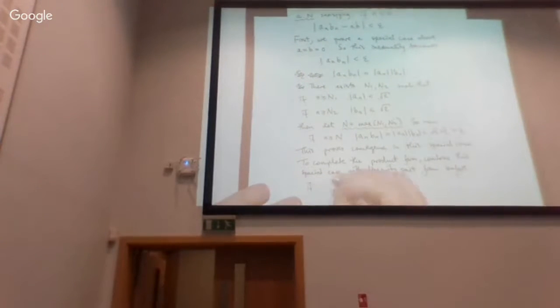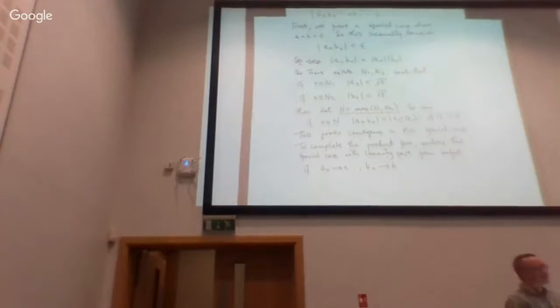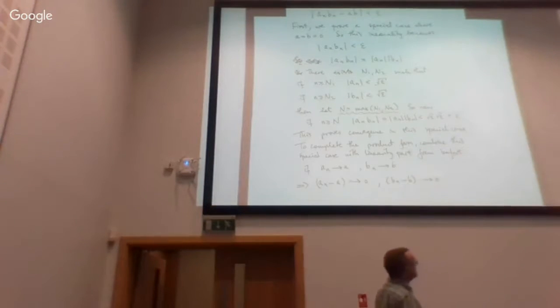So if an converges to a, and bn converges to b, so I'm not insisting that a and b are 0 now, but this implies that this compound sequence an minus a converges to 0, bn minus b converges to 0. If I subtract those constants a and b from the sequences an and bn, I get something that's converging to 0.